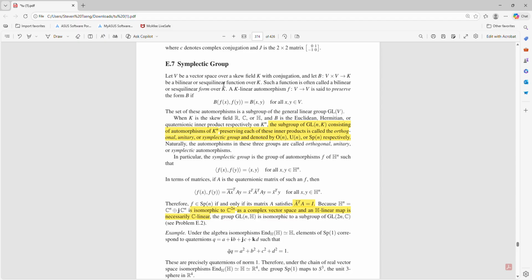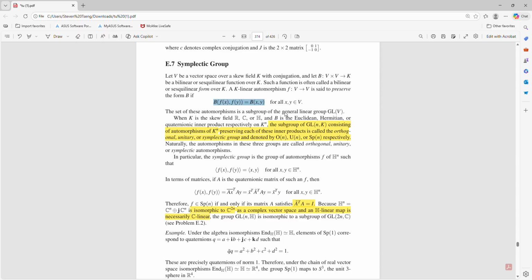Now let V be a vector space over a skew field K with conjugation, and let B be a map from V cross V to K, a bilinear or sesquilinear function over K. Such a function is called a bilinear or sesquilinear form over K, and we say that a K-linear automorphism preserves the form B if it satisfies this equation.